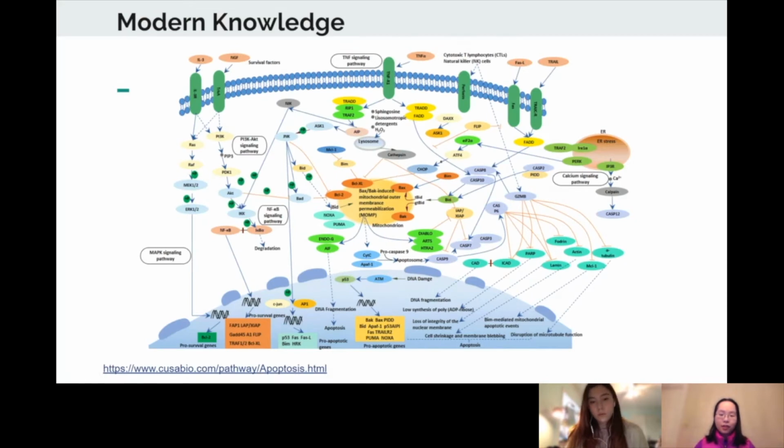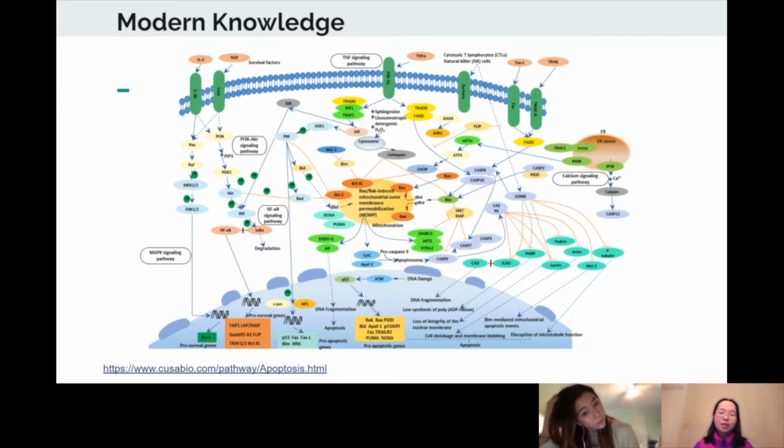So this is a very complicated diagram, and this is an attempt to show you the kind of black box that pure scientists have to peer into to try to figure out what on earth is happening in that black box. So this is modern knowledge of how apoptosis occurs.